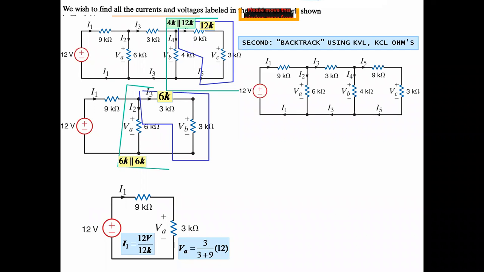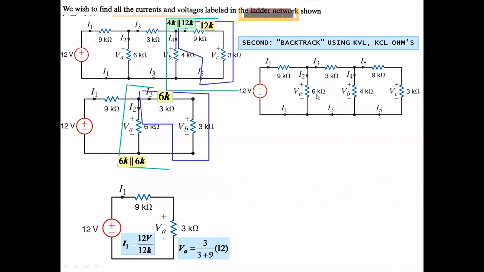After that, we can use the simplified diagrams to calculate the remaining voltages using Ohm's law. So this is your actual diagram. In the given diagram, we know the value of current I1 and voltage VA. With the help of this, we can calculate the circuit current I2.